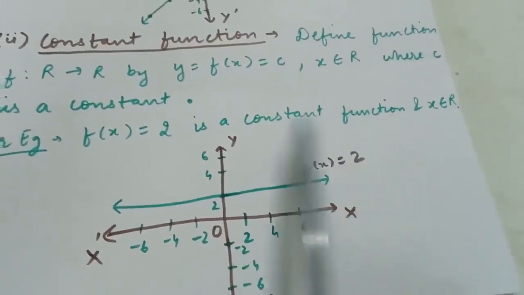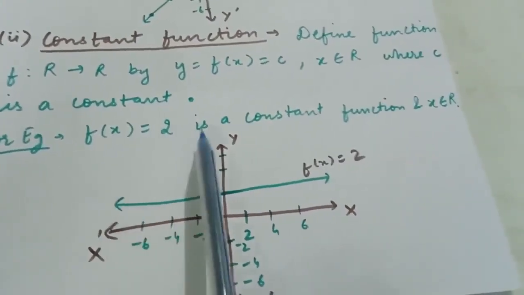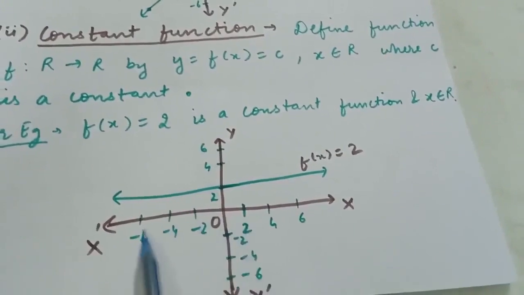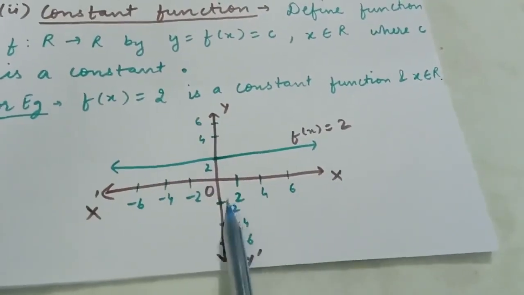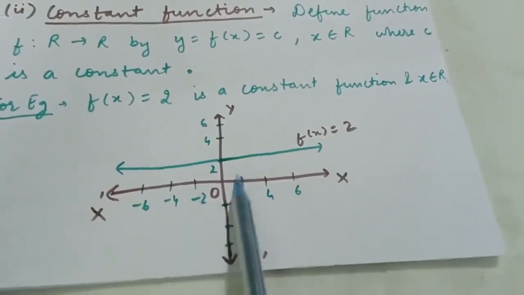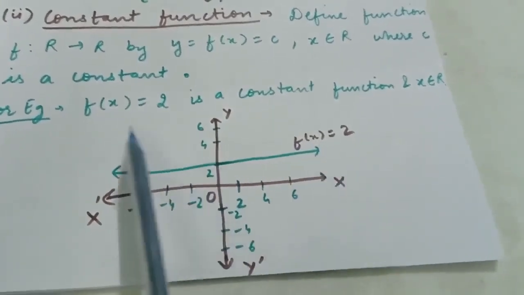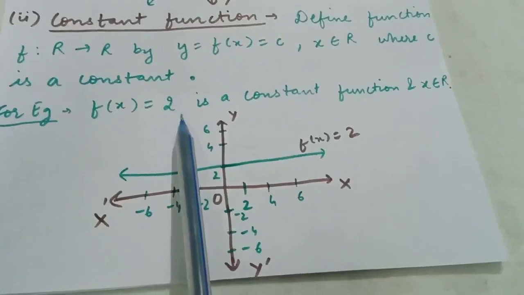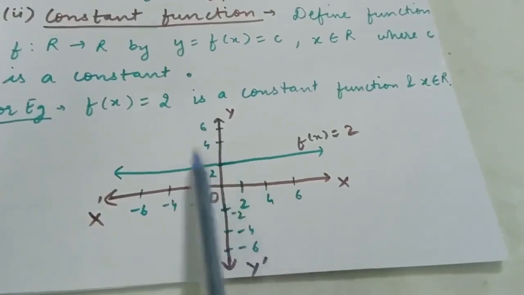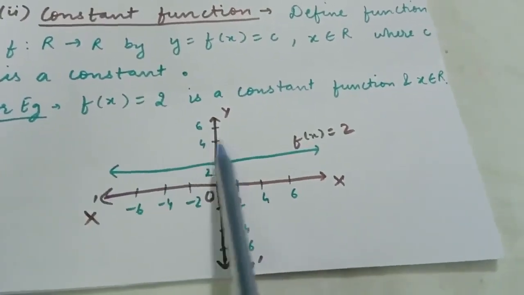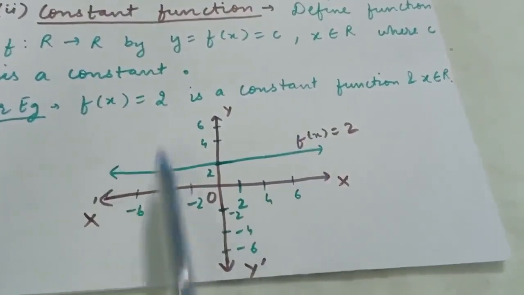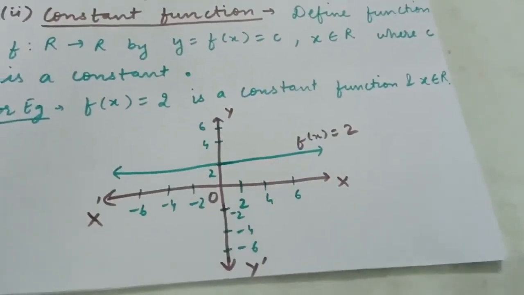For all real numbers, the value of y is 2. So we can see for any values of x, 2, 4, 6, -2, the value of y is 2. So this is a constant function. If in place of 2, 4 is here, then the line will go from 4. Right? So this is a constant function.